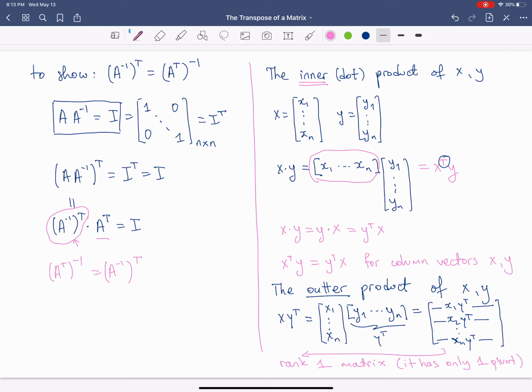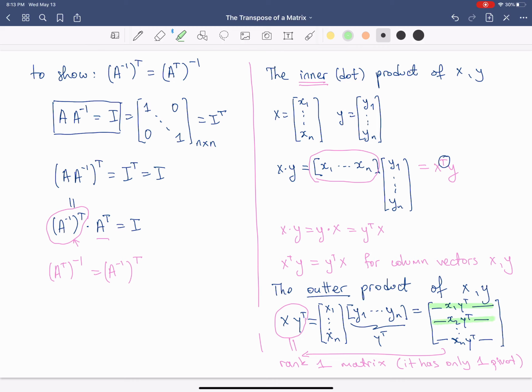Now, why can we conclude that this matrix that we get is a rank 1 matrix? Oops, my bad. This was x y transpose. So the question was, why is this x times y transpose a rank 1 matrix? If you look at what we got in the end, you see here, this row is a multiple of y transpose.